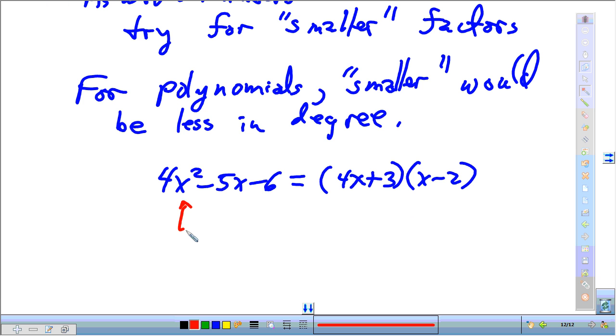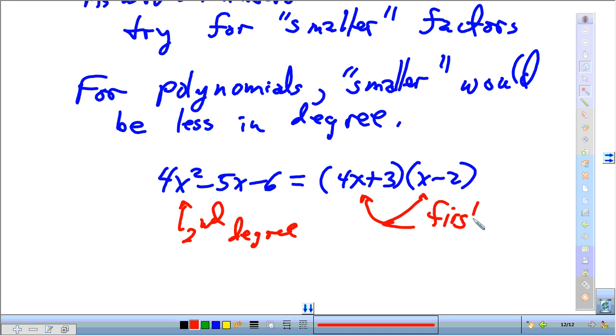So we start with second degree and end up with first degree. So it's the kind of factorization we want to look for with polynomials. We have some larger degree factor. What we end up with has less degree.